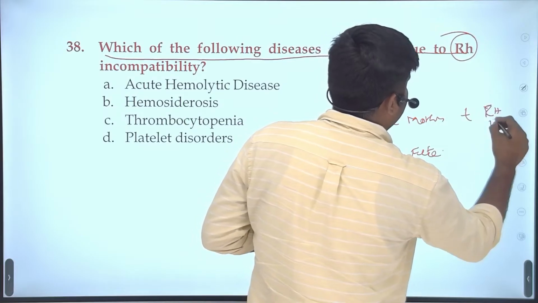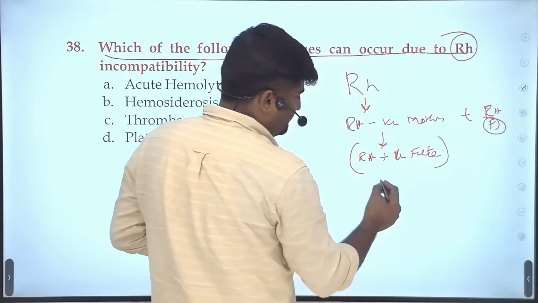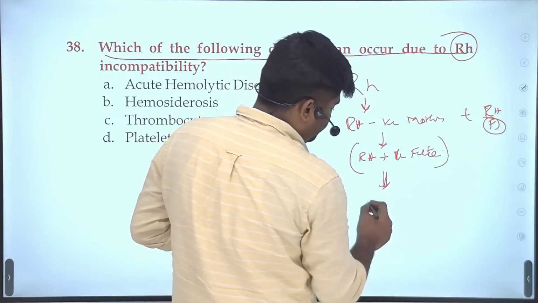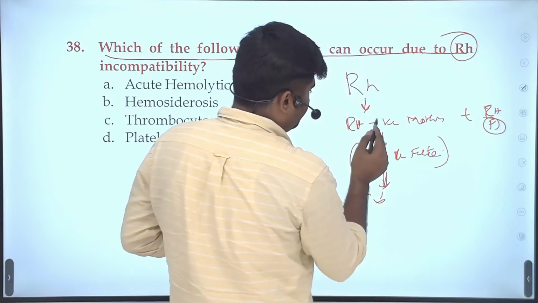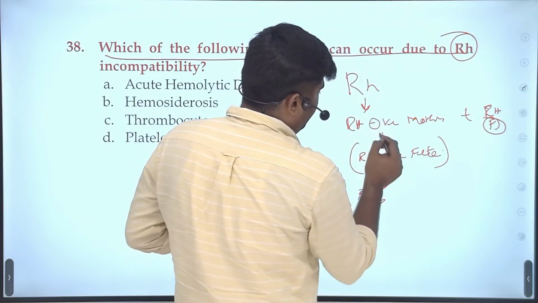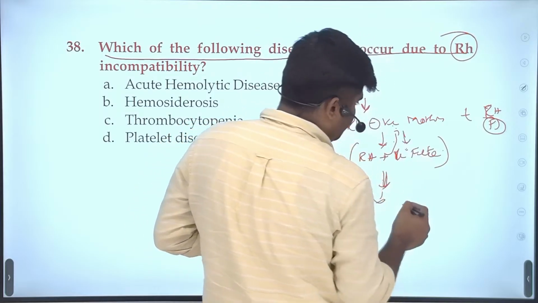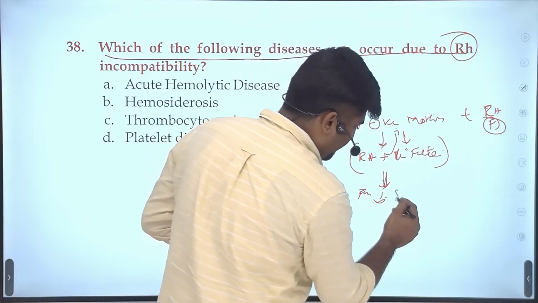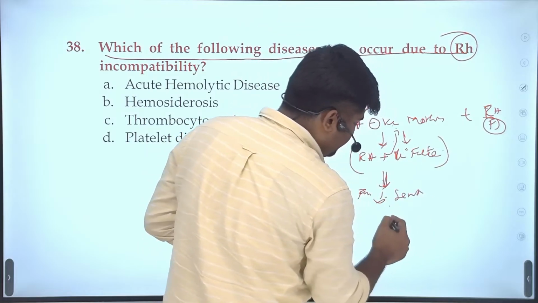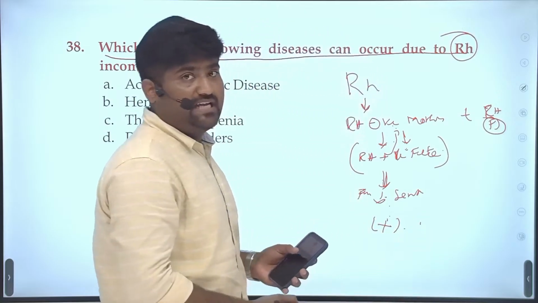In the first pregnancy, and then the second pregnancy, antibodies are formed against this RH positive fetus. The mother is sensitized and will develop antibodies against the developing fetus again in the second pregnancy.